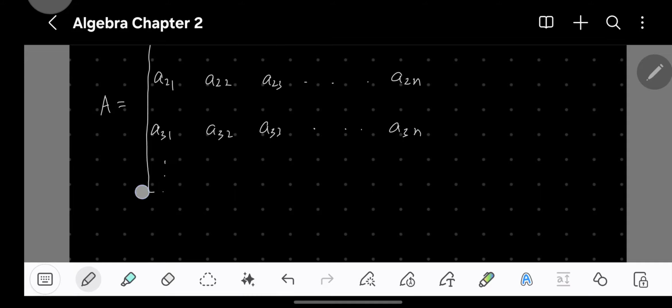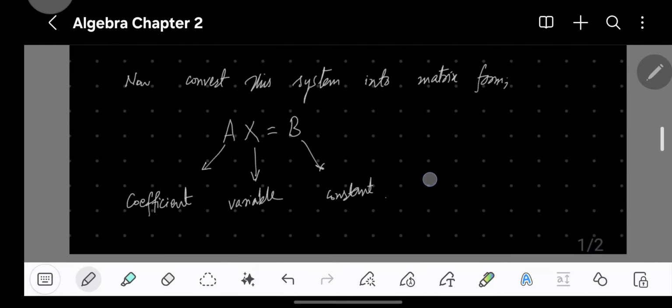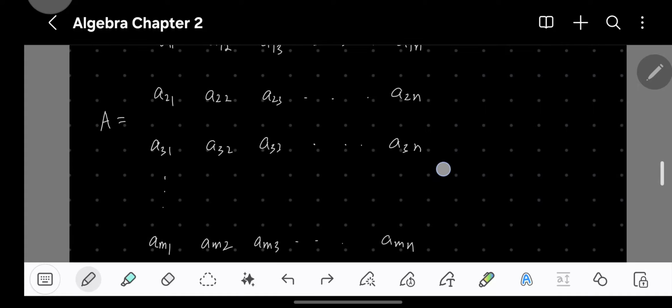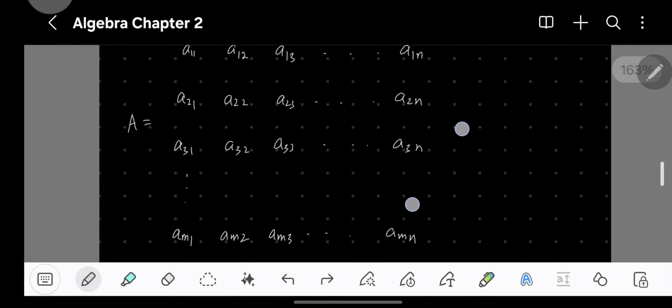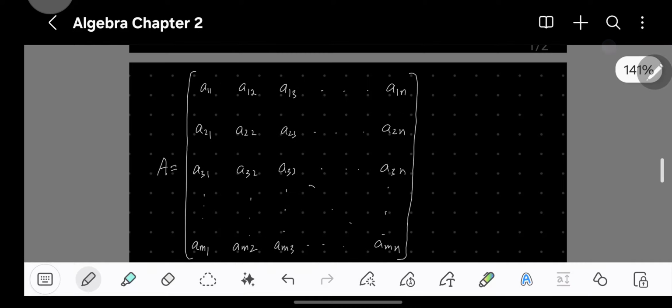And similarly, I will write the last row, which is Am1, Am2, Am3, Amn. You can check. This is the last row, Am1, Am2, Am3 up to Amn. So I have written all of the rows of all of the coefficients here, and this matrix is called the coefficient matrix.